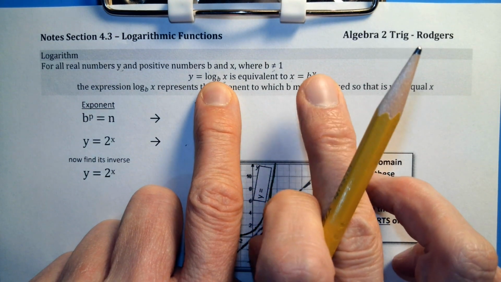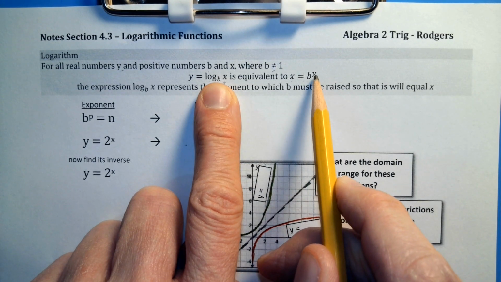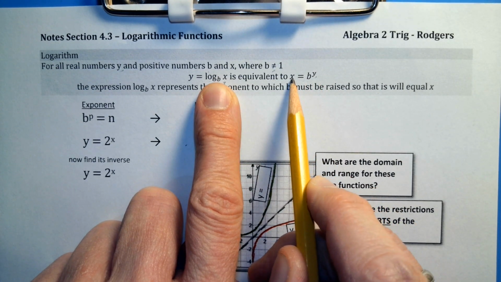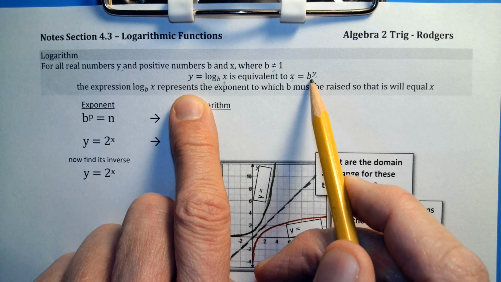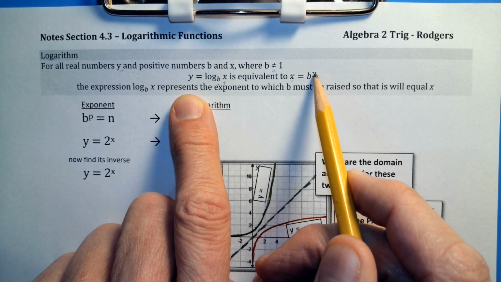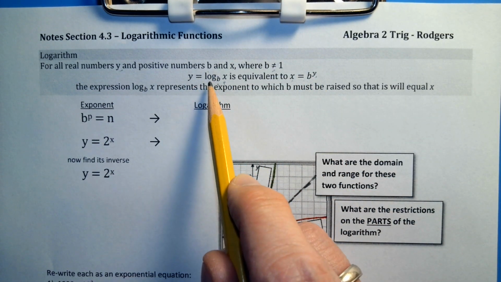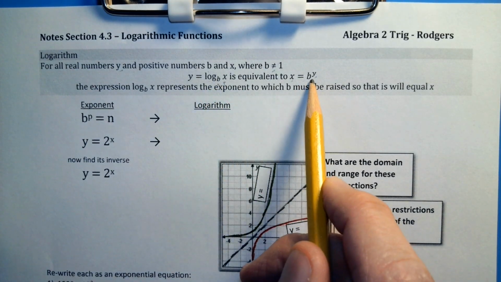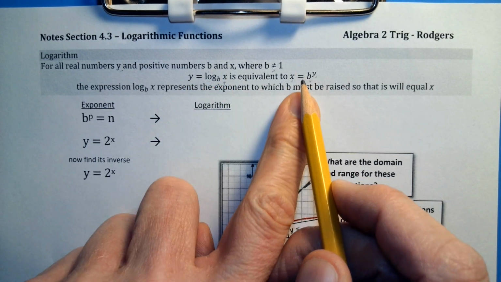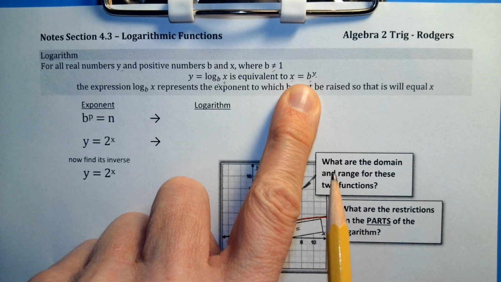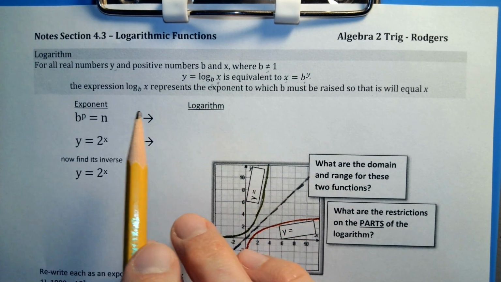So b raised to the y power equals x is equivalent to saying y, which is by itself, the exponent in the exponential equation, equals log base b of x, so the bases are the same. Log base b of x equals y is equivalent to x equals b to the y. And again, that's going to be like, what? But once you play around with it enough, it'll become second nature too.